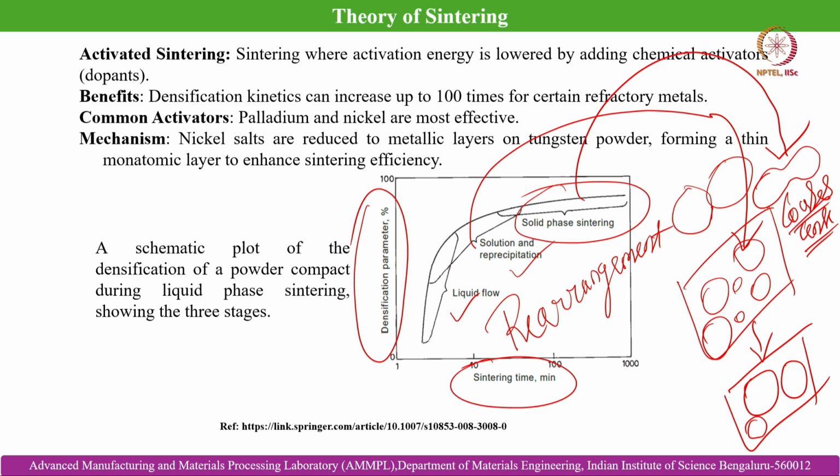So, the benefits: densification kinetics can increase up to 100 times for certain refractory metals. Common activators, palladium and nickel, are most effective. As an activator for generation of liquid phase mechanism, nickel salts are reduced to metallic layers on tungsten powder, forming a thin monatomic layer to enhance sintering efficiency.